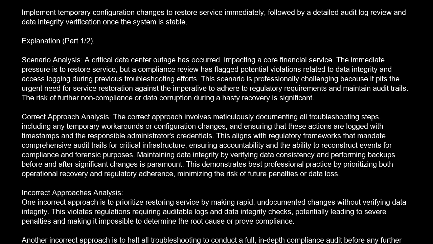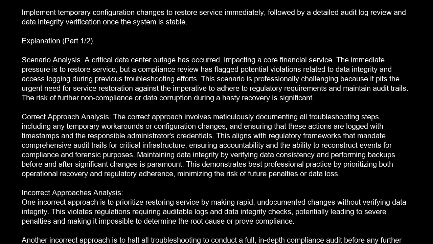Correct approach analysis. The correct approach involves meticulously documenting all troubleshooting steps, including any temporary workarounds or configuration changes, and ensuring that these actions are logged with timestamps and the responsible administrator's credentials. This aligns with regulatory frameworks that mandate comprehensive audit trails for critical infrastructure, ensuring accountability and the ability to reconstruct events for compliance and forensic purposes.